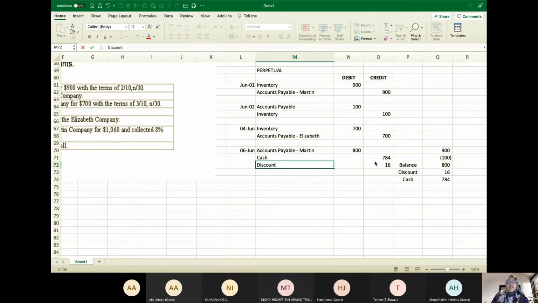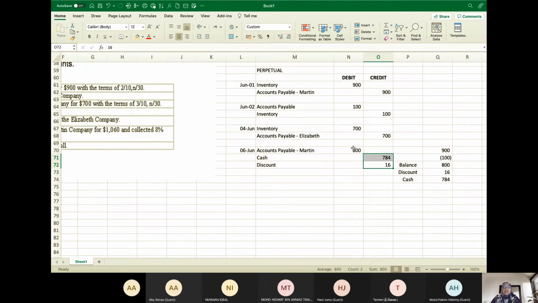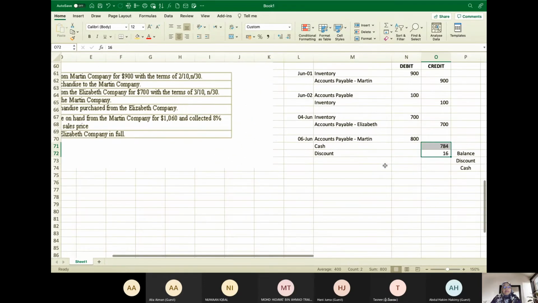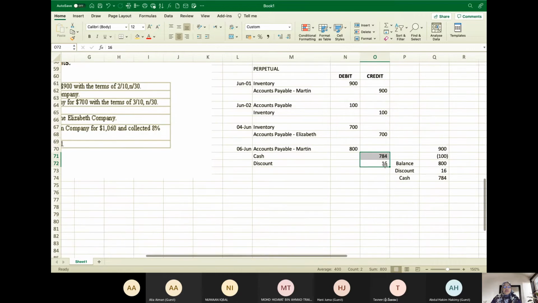Why is it a discount? Because it's an income to me, because I receive the discount for making payment. So that's why it's on the credit side. If you total 784 and 16, you get 800. So the debit side is 800 and the credit side is also 800 ringgit. So far so good. Are you okay?